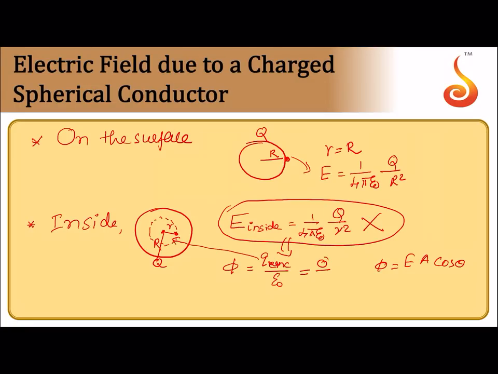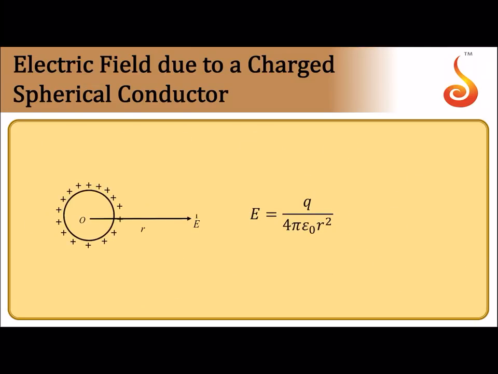No. So this part is 0. If this part is 0 and if we equate them, then clearly we get electric field is equal to 0. Hope you are getting that point. Thus, on the surface, the electric field is given by 1 by 4 pi epsilon naught Q divided by R square, and at a point inside, is the electric field 1 by 4 pi epsilon naught Q by r square? No, it is not. It is 0. Remember one more time.